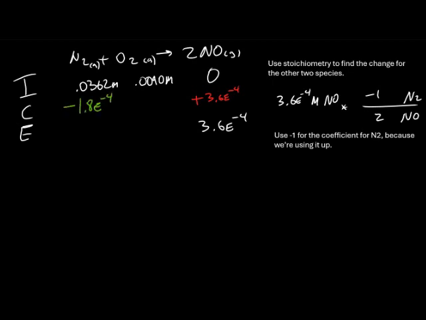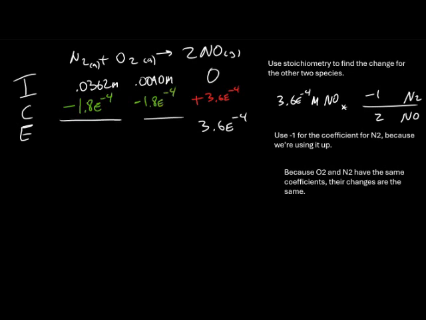Now we look at O2. We notice that O2 has the same coefficient as N2, and therefore we can expect the change to be the same. Therefore, because we know N2 is -1.8 E-4, we know that O2 must be the same, -1.8 E-4.